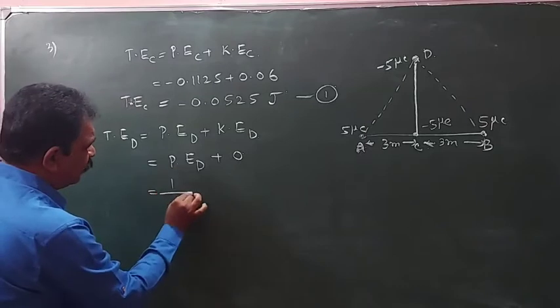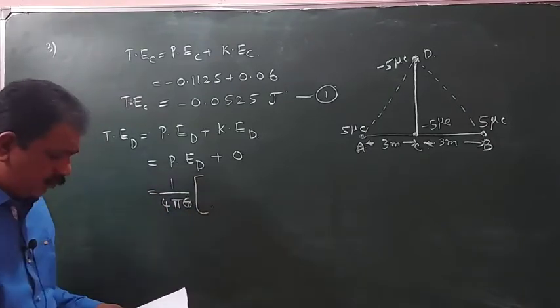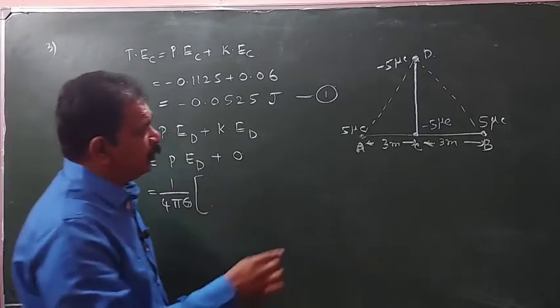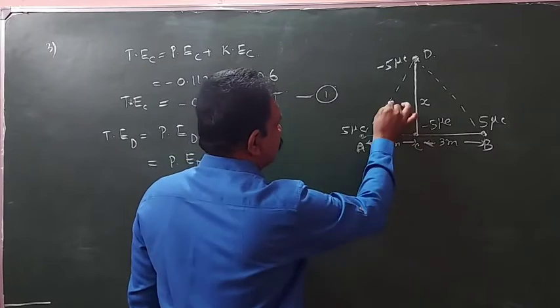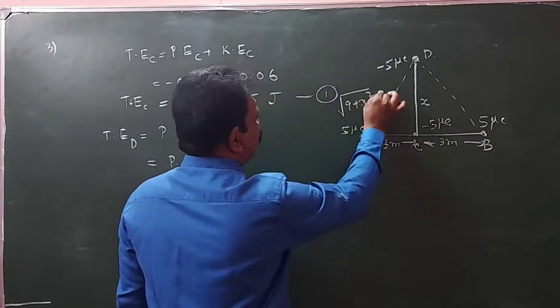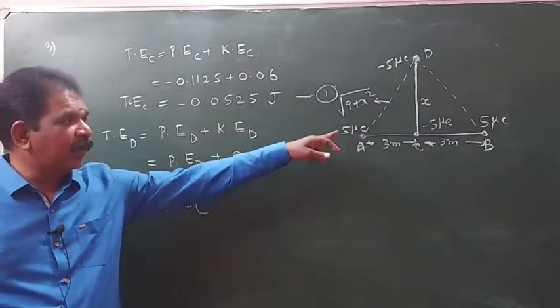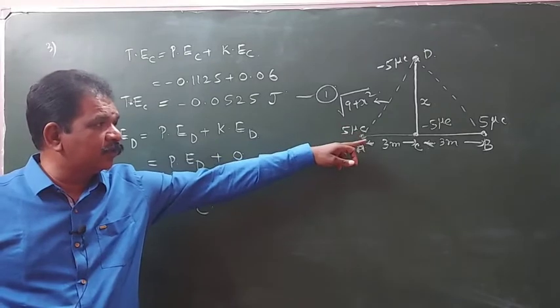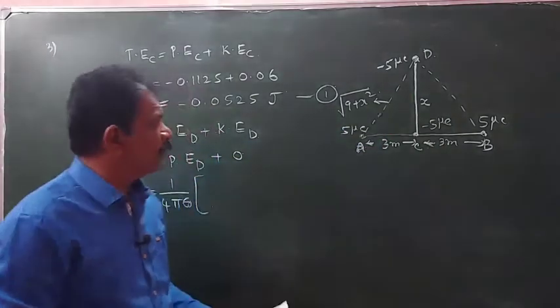This is 1 by 4 pi epsilon naught. I am assuming this distance is x. This is 3. Then this value will be root of 9 plus x square, since the hypotenuse is equal to the square root of side square plus side square.